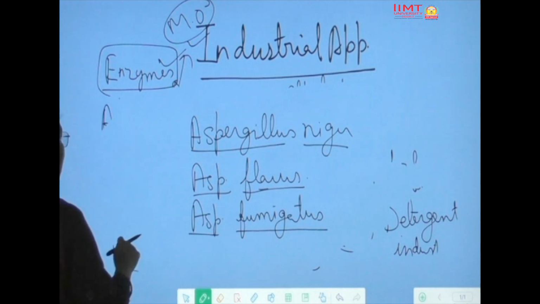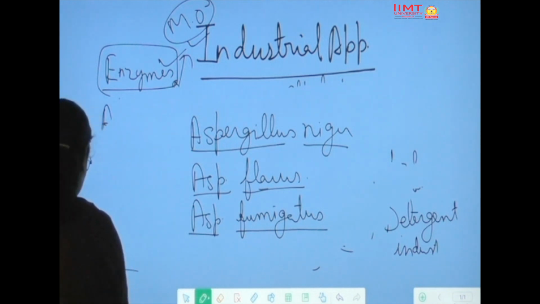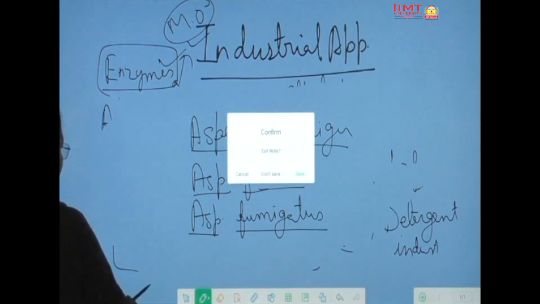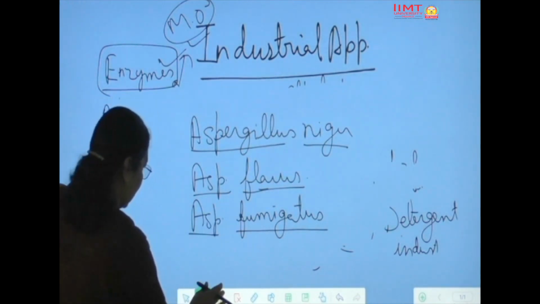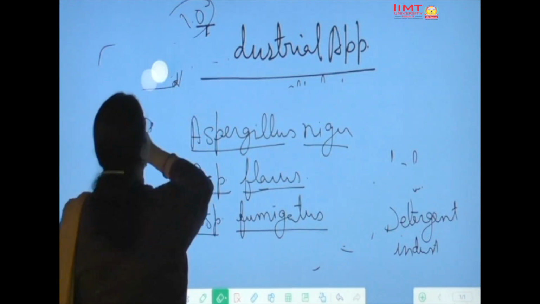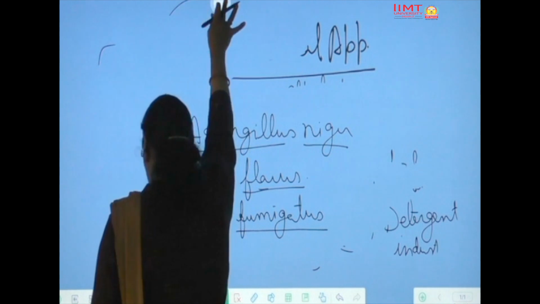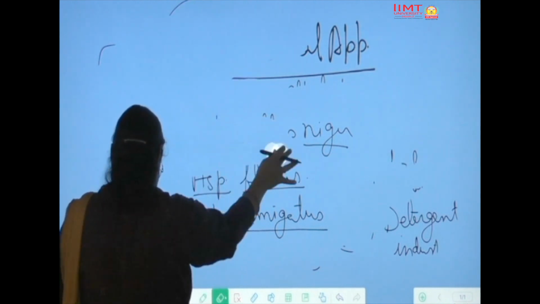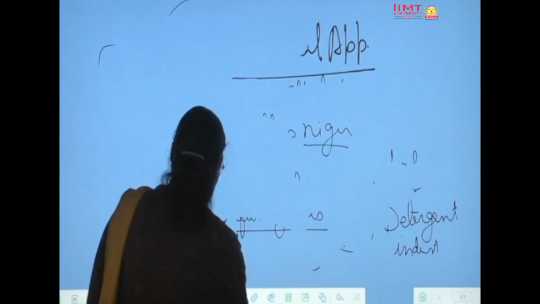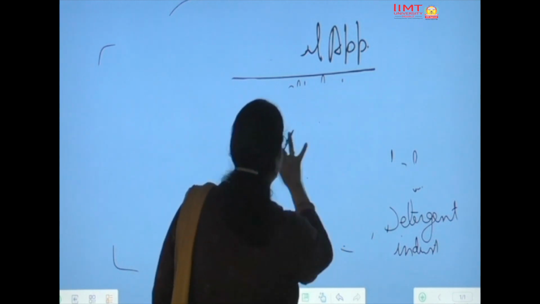Now the second thing we were studying: other than the enzymes, the other product which is important is the organic acids.